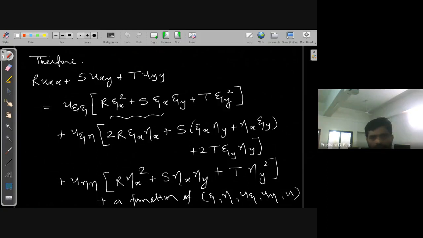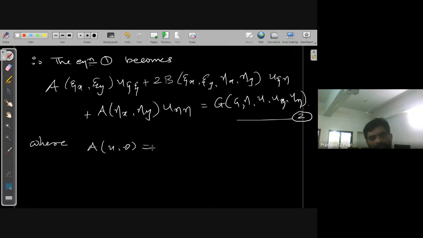You can also observe that this quantity and this quantity are the same, just by replacing xi_x by eta_x and xi_y by eta_y. So a of u v is r u squared plus s u v plus t v squared. And what will be the value of beta?